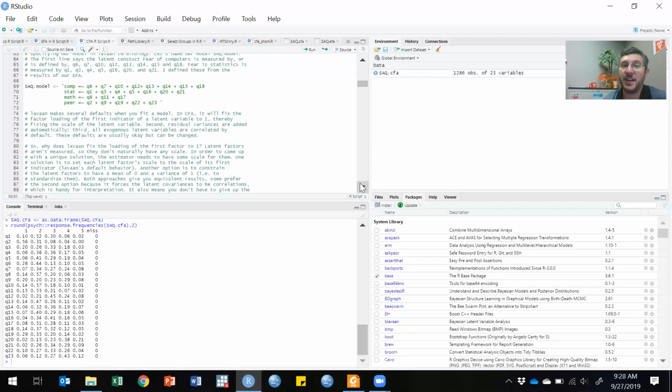That's its default behavior. Another option is we can constrain the latent factor. Basically, we can standardize the latent factor. We can say the latent factor has a mean of 0 and a variance of 1. Either one of those approaches gives you equivalent results.